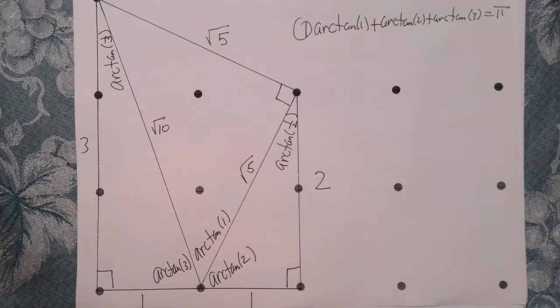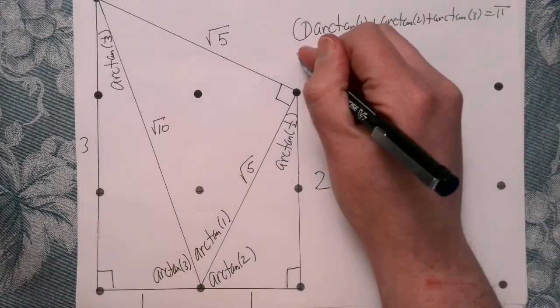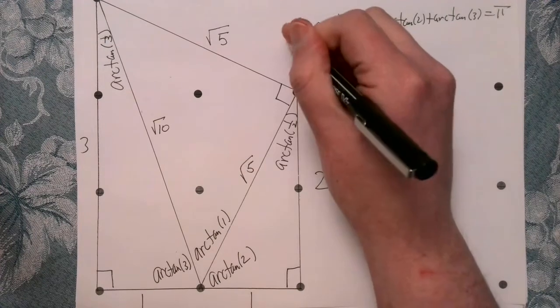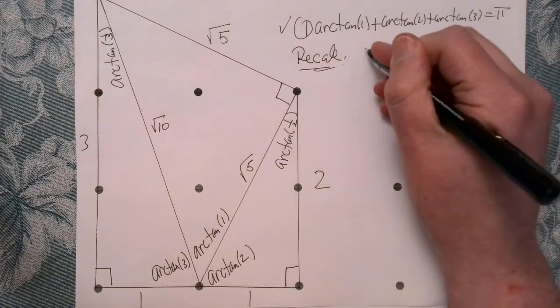Okay, so let's actually use this result to prove, what else do we want to prove? We wanted to prove that the arctan of a half plus the arctan of a third is pi over 4. In order to do that, let's recall something. What did we say before?